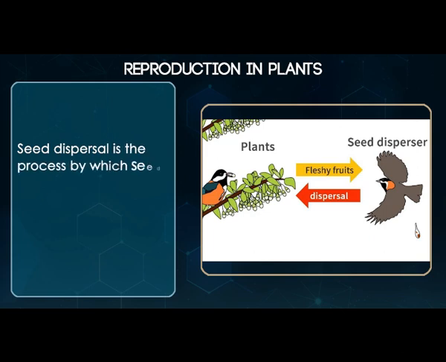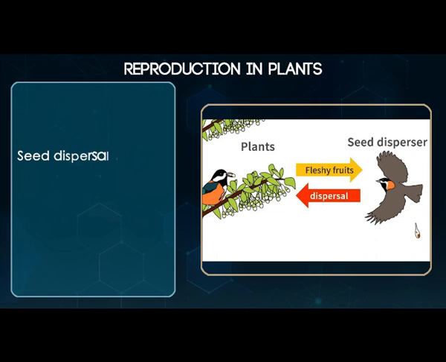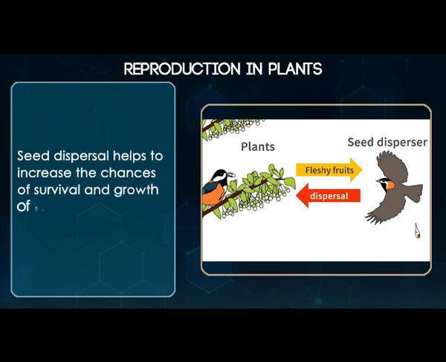Seed dispersal is the process by which seeds are spread from the parent plant to new locations. Seed dispersal helps to increase the chances of survival and growth of the plant species.